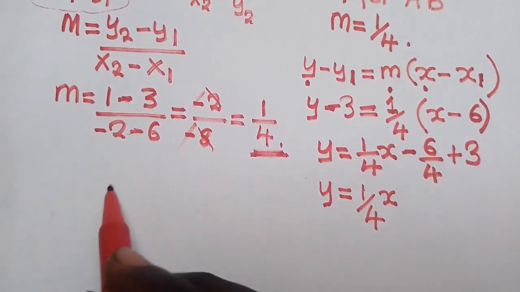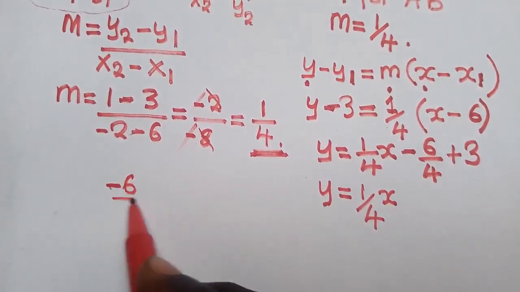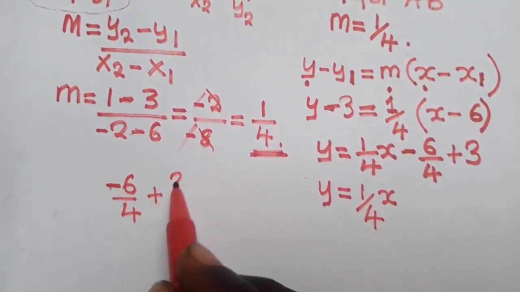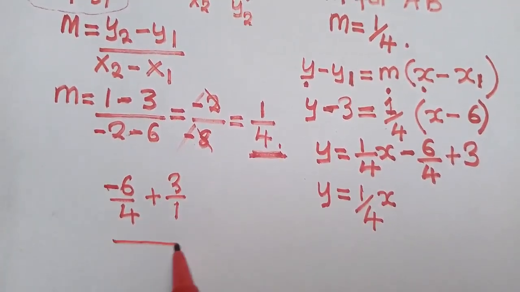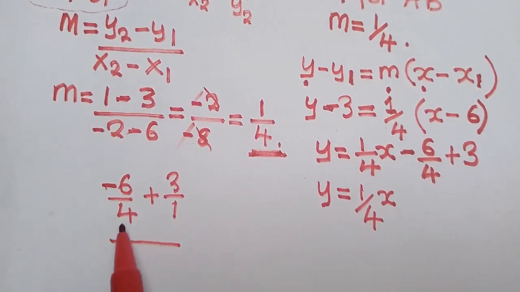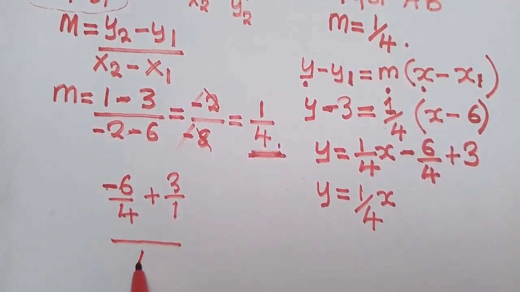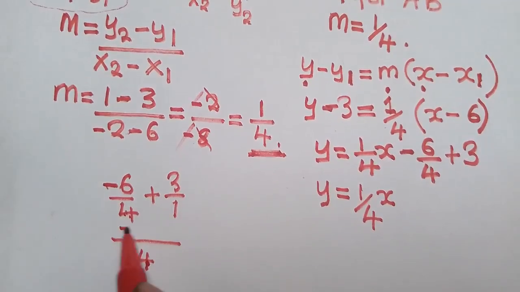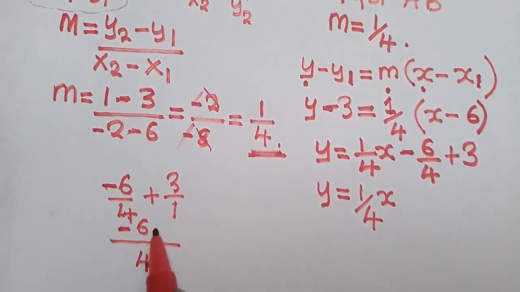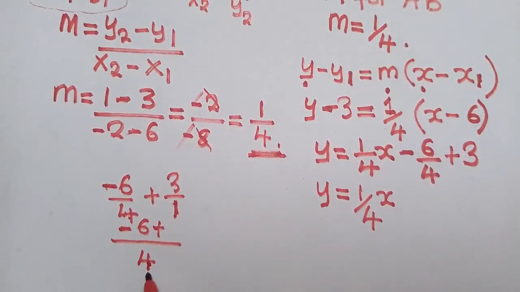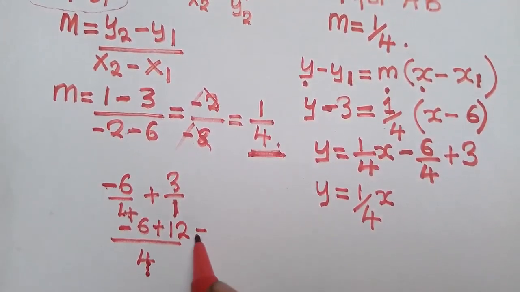You solve it privately on a separate paper. Plus 3, so you say over 1. What is the common denominator here? Where 4 and 1 can go into, it is 4. 4 into 4, it is 1. 1 times negative 6, we've got negative 6. You say plus, there is plus there. 1 into 4, it is 4. 4 times 3, it is 12. So finally, what is your answer?